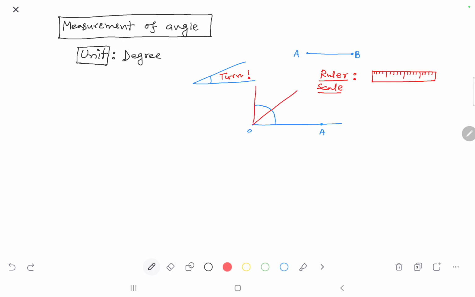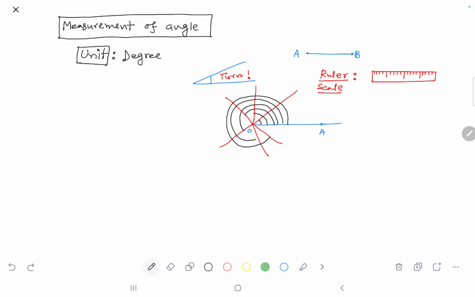After some place it is here, and after some place it is here, and so on. Okay, Muhammad? So a total complete full rotation is needed.